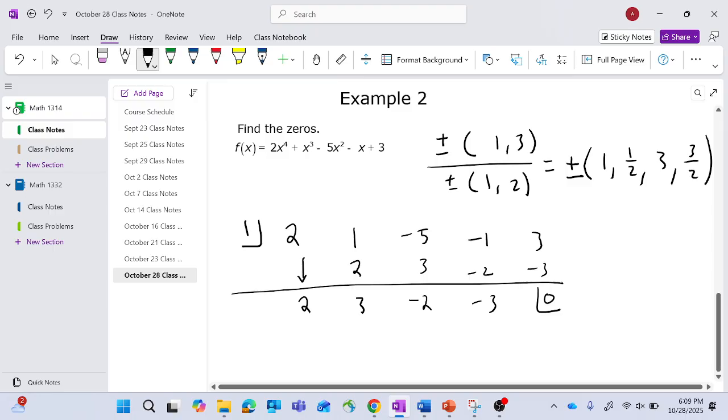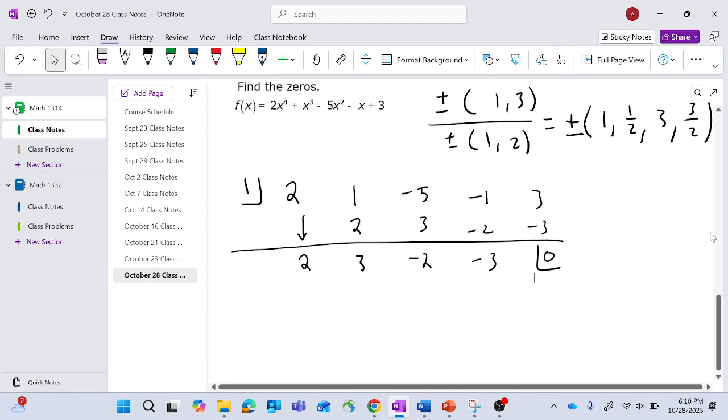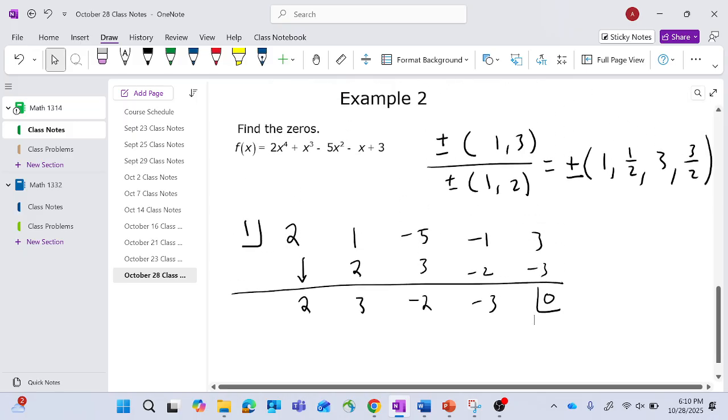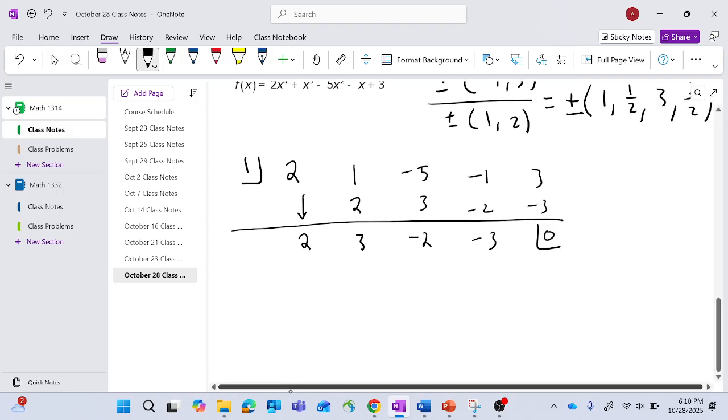So remember from the last class, something is a factor or a 0 if you have a remainder of 0. Because there's a remainder of 0, that tells me that 1 is a zero, so x minus 1 is a factor. So for 2x to the 4th plus x to the 3rd minus 5x squared minus x plus 3, if I factor this like we did last class, we have an x minus 1 as a factor, and from here we have 2x cubed plus 3x squared minus 2x minus 3.